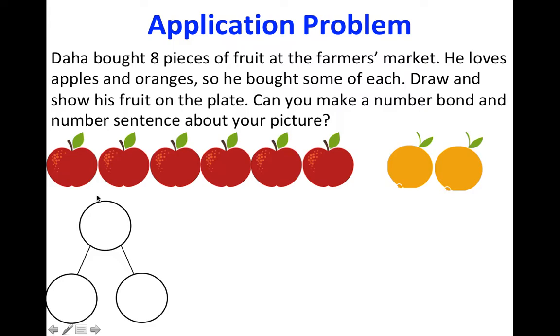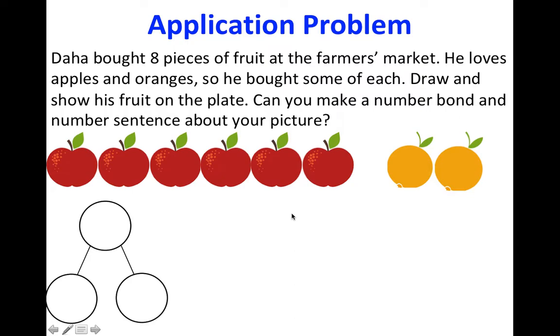So I chose 6 apples and 2 oranges. You do not, I repeat, you do not have to choose 6 apples and 2 oranges. You can have other numbers like 5 apples and 3 oranges, or 5 oranges and 3 apples. You can make those apples and oranges any way you like.